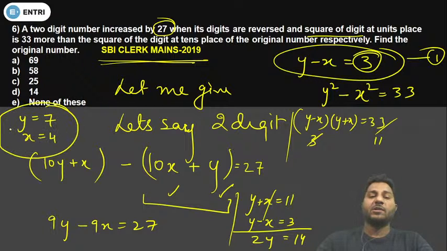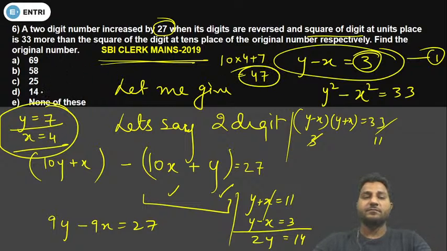Now we have figured out the units place and tens place. That means your answer must be 10x plus y. They are asking to find the original number. So 10 into 4 plus 7 will come as 47. None of these will be the correct one. Did you get it?